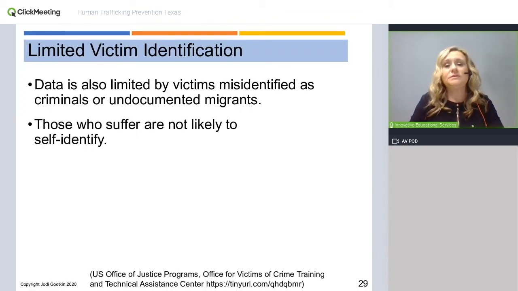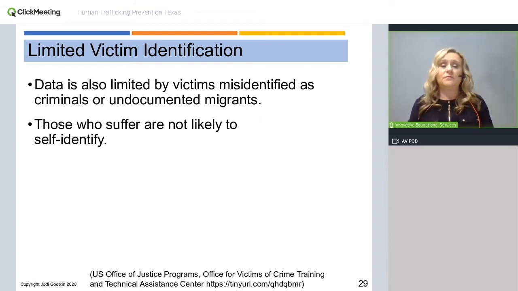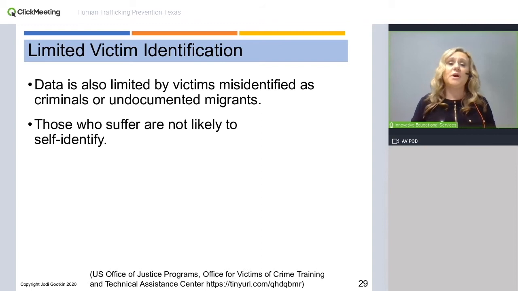Victims may also be difficult to identify because they're not appropriately classified. If the individual does not share the circumstances they're enduring and that it's a trafficking situation, they could inappropriately be recognized as the criminal by law enforcement. Maybe they're the one who possesses the drugs or possesses the illegal weapons.